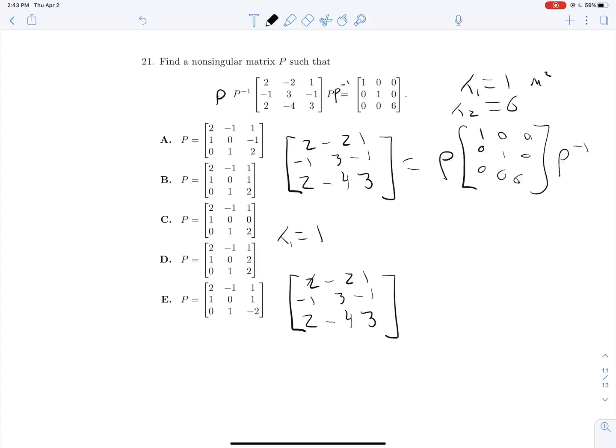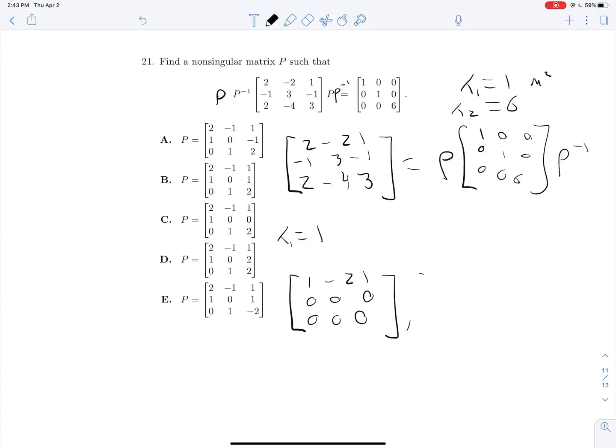So subtracting 1 from the main diagonal, we'll have 1, 2, 2. I'm going to, let's see, add row 1 to row 2: 0, 0, 0. That was easy. Let's divide this by 2: 1, 2, 1, and again 0, 0, 0.